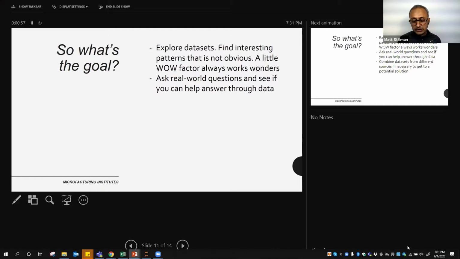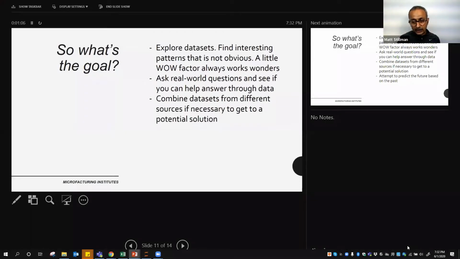Okay, and I'm going to run through some test cases as we go along and how to go about doing that. Okay, and you will probably have to combine different data sources, combine different data sets to see whether you can help answer questions based on the problem at hand, right?